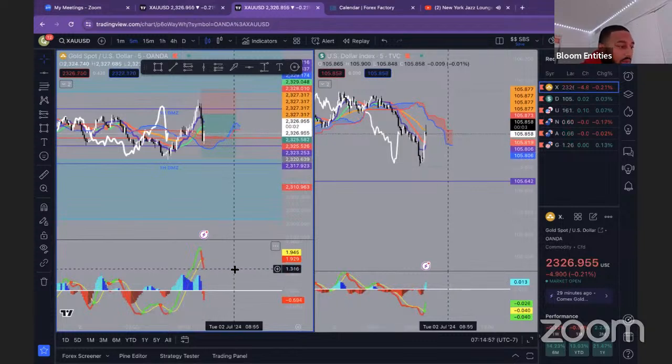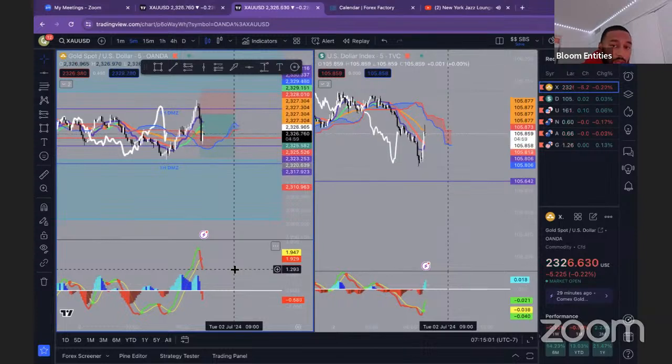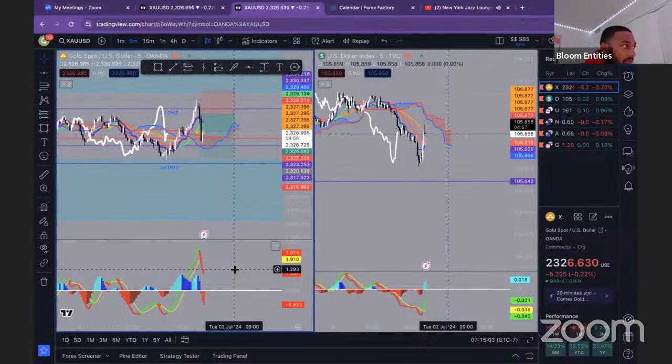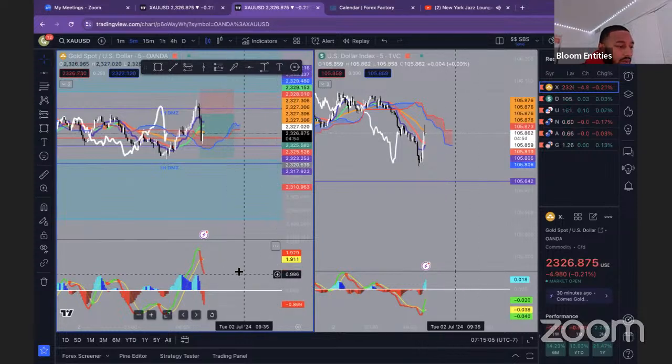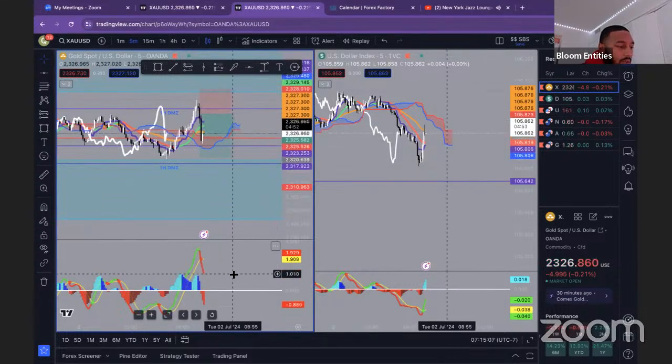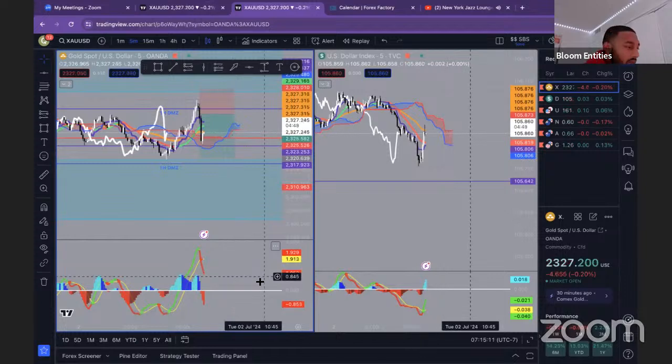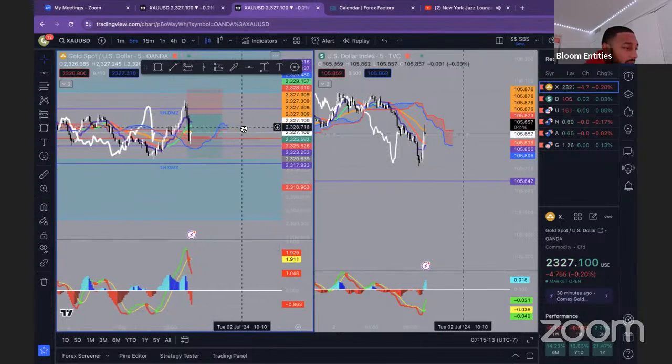Good volume in our direction. So yeah, I still like being in the position here.